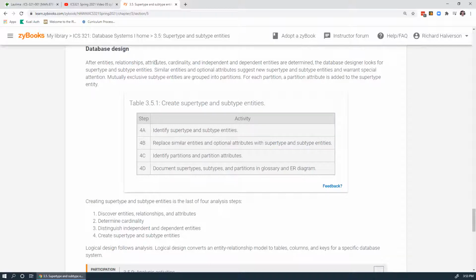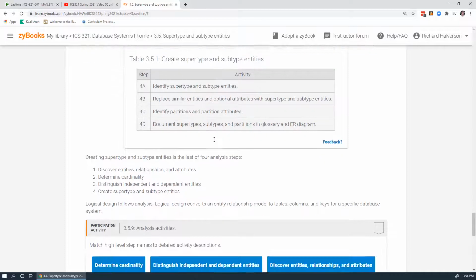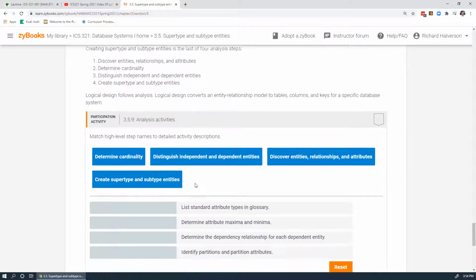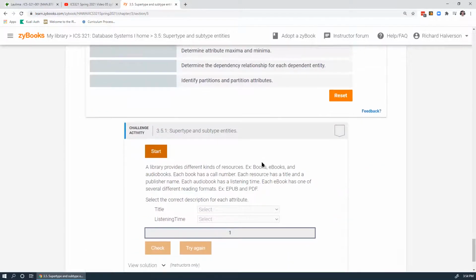After entities, relationships, and attributes are determined, the database designer looks for supertype and subtype entities. Similar entities and optional attributes suggest new supertype and subtype entities, which is good. Mutual exclusion subtypes are grouped into partitions and so on. Okay, so you do all that, and this describes it, if you understand how to do that.